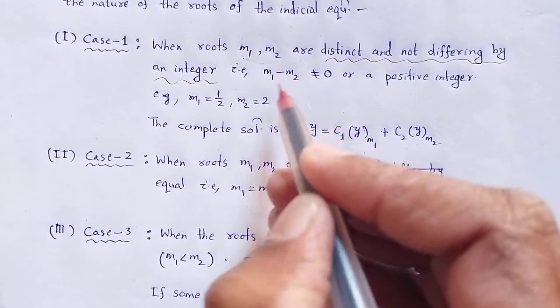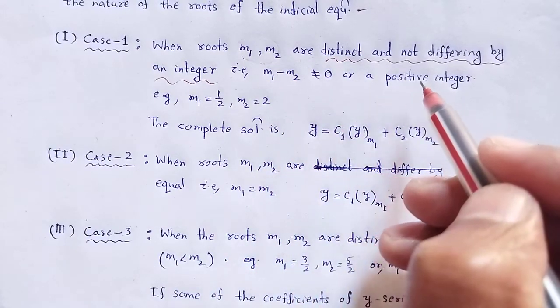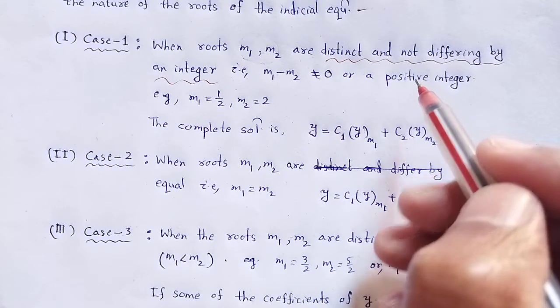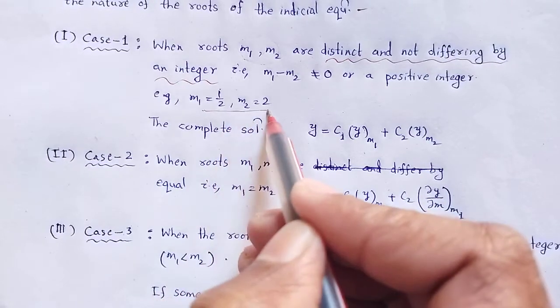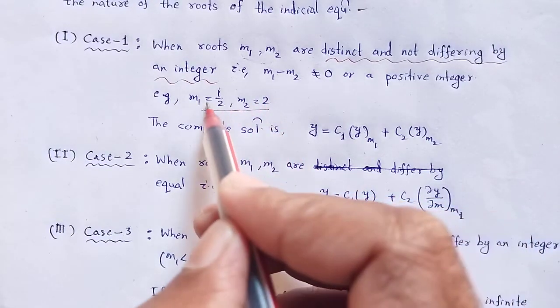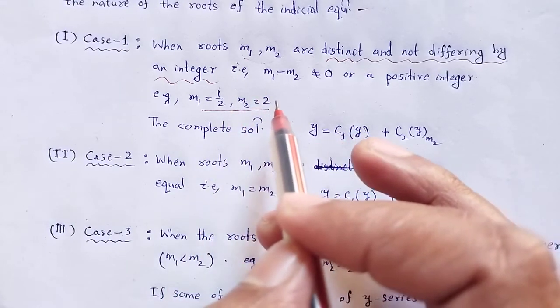Let me take an example: m1 minus m2 is not equal to 0 or a positive integer, where m1 let it be half and m2 let it be 2. That means these two roots are distinct and not differing by any integer.